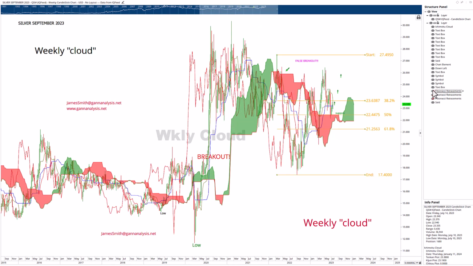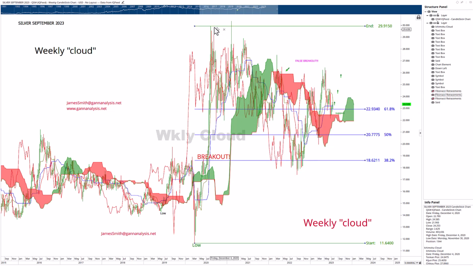So, for example, if we're looking at this flat edge here, it's a 50% retracement from this high to this low. That's the swing, and that's where you get that 50% retracement. Or if you look at this larger swing from this high and this low, you can see this flat area, the lower band, is a 50% retracement at 20.77.